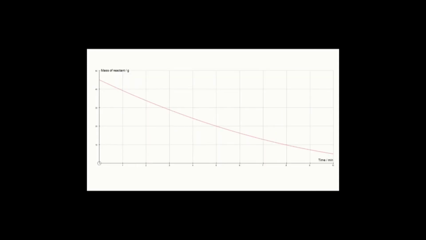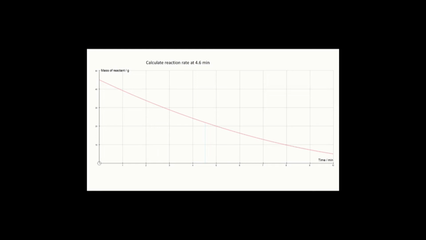So let's imagine that I've been asked to calculate the rate of reaction at 4.6 minutes. If I take 4.6 minutes and I put it onto my graph as this little dotted line here, you can see that this is somewhere in the middle of the line, and I want exactly on that point what is the rate. I'm not going to be able to do an average rate here.